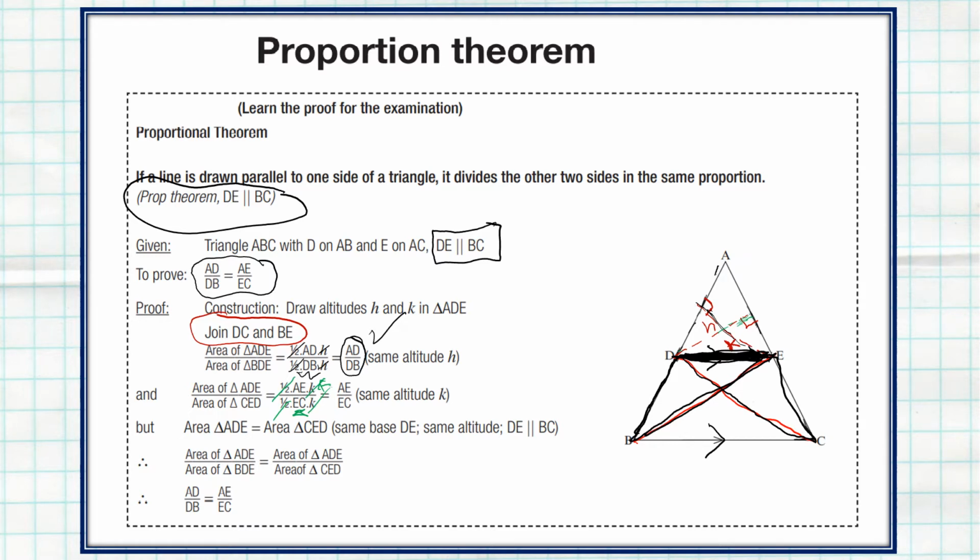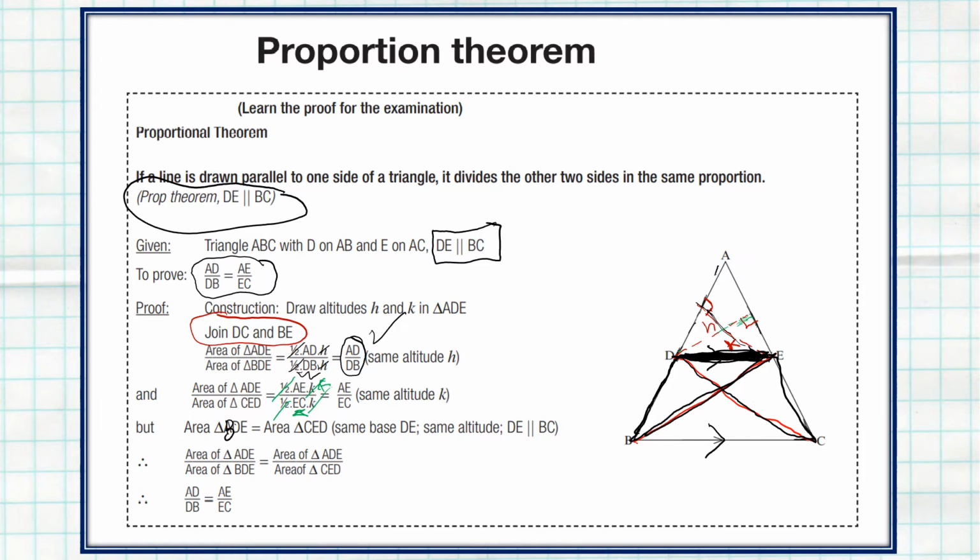So then we can conclude that the area of triangle ADE, I think they just made a mistake here because it's not ADE but it's DBE. I don't know why they made such a mistake.